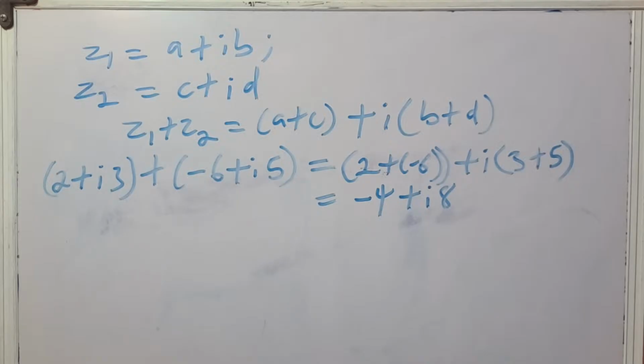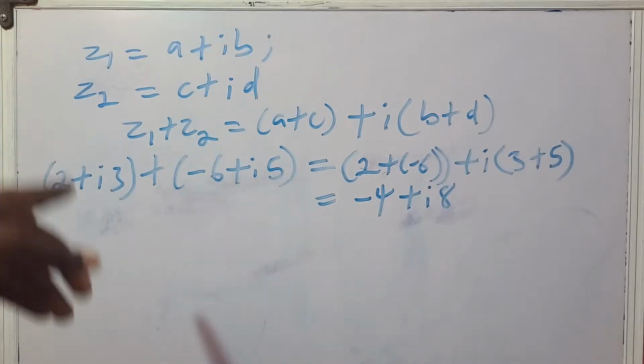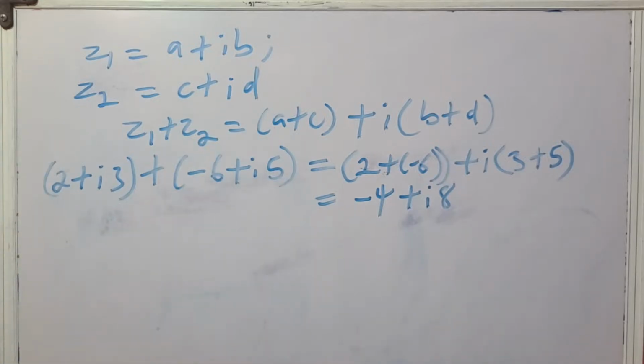Now, let's talk about the closure property. I'm sure you understand the use of the word closure when we're dealing with mathematics. When you say closure, that means being enclosed. So addition of complex numbers has the closure property in the sense that whenever you're done adding two complex numbers together, your result will always give you a complex number.